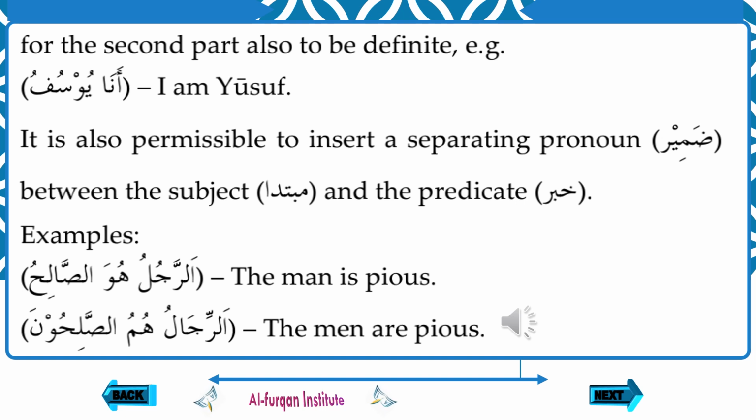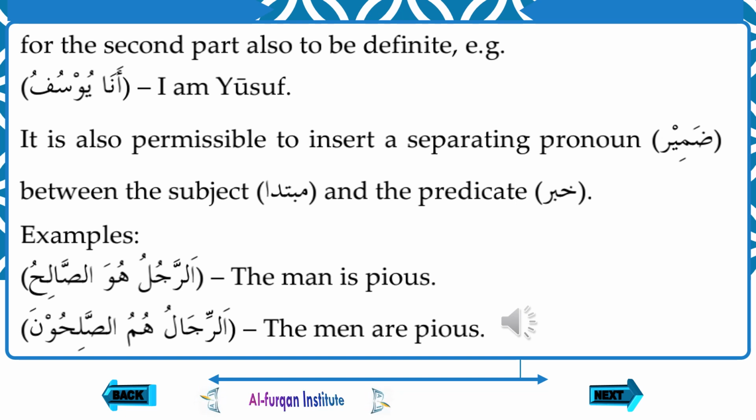So why are some words always definite or not descriptive? Some words cannot be used as an adjective, such as a proper name, that is ismul alam, e.g. Zaidun, Yusuf, Abdullahi, Fatima, Nana, Habiba and Maimuna.